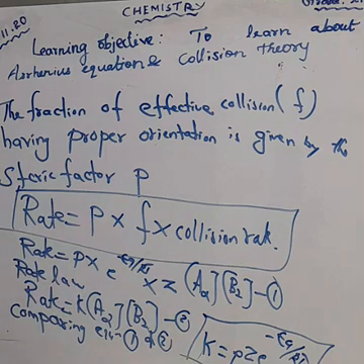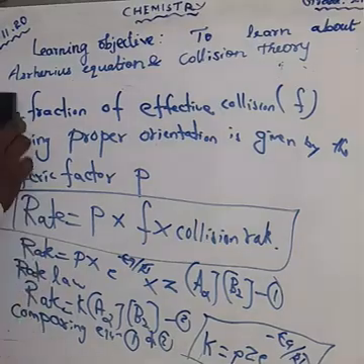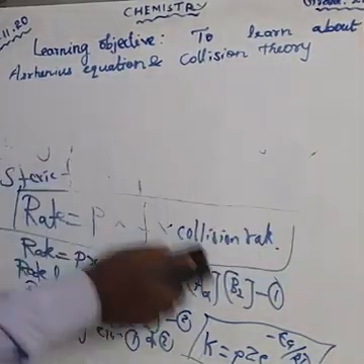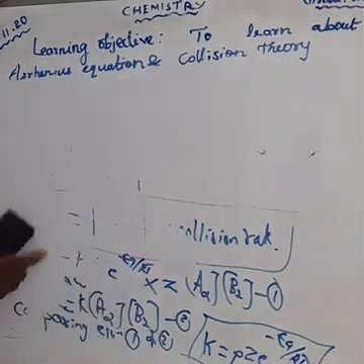Anyhow, in today's portion we learned the Arrhenius equation and also the collision theory. So I am giving only a small portion for the assignment. Try to learn this question, it's a very important question.